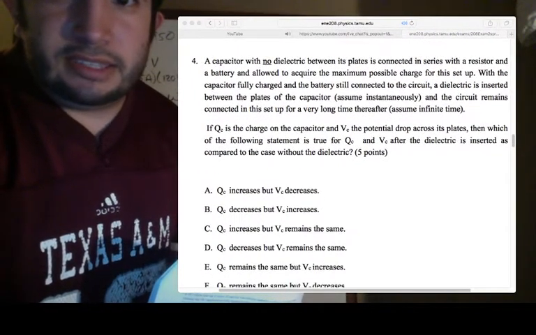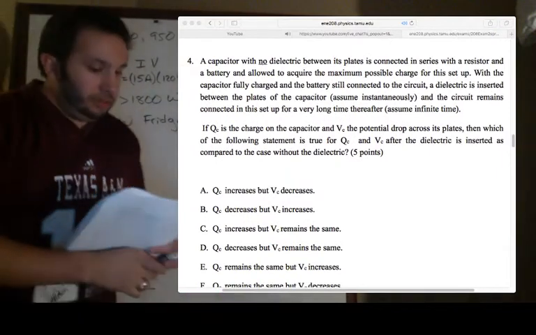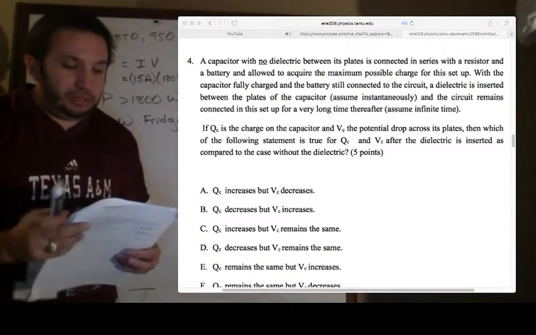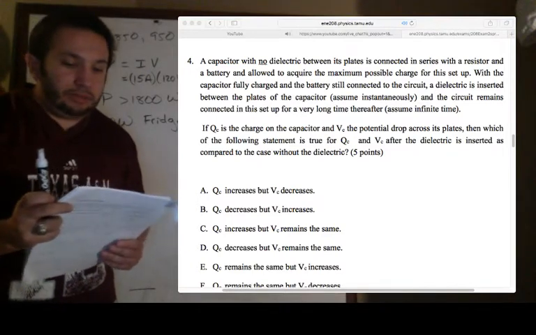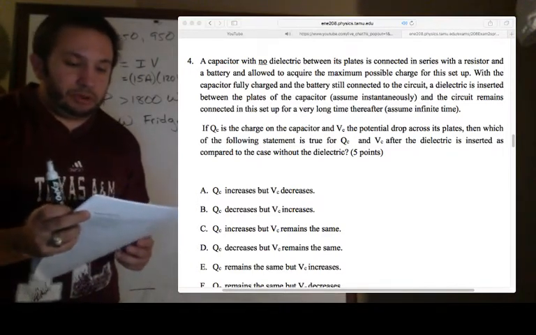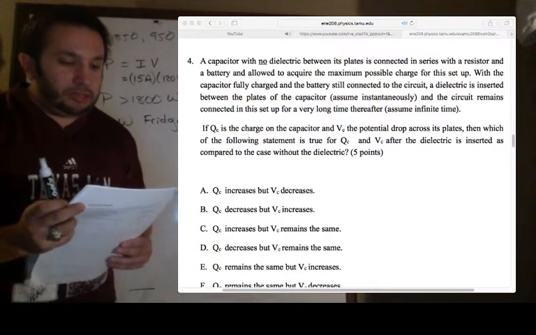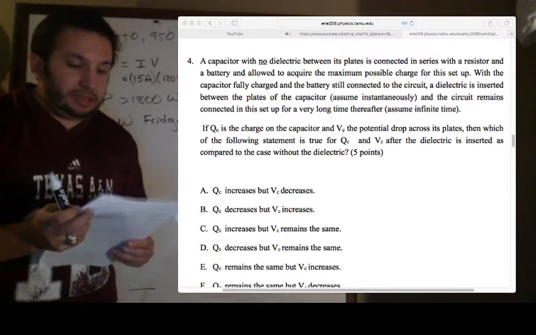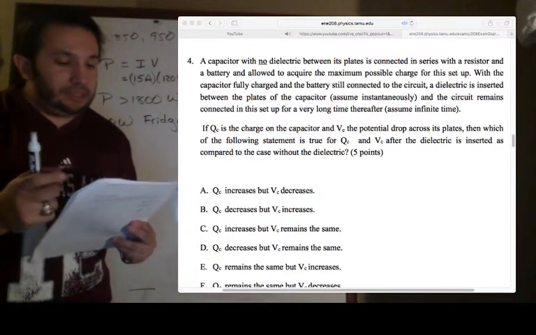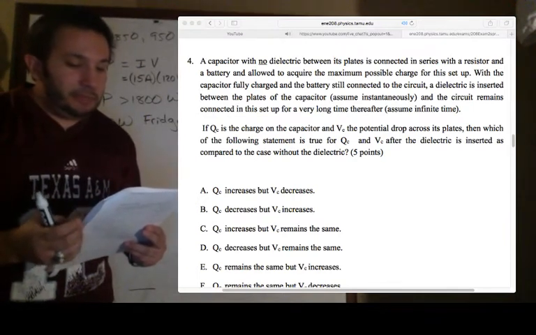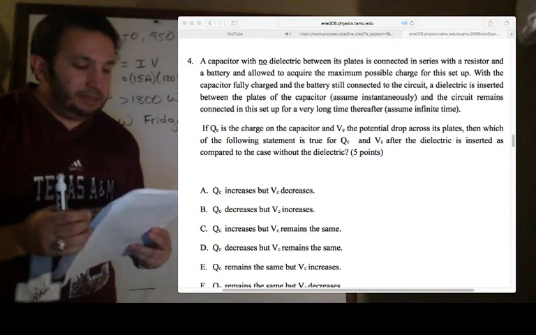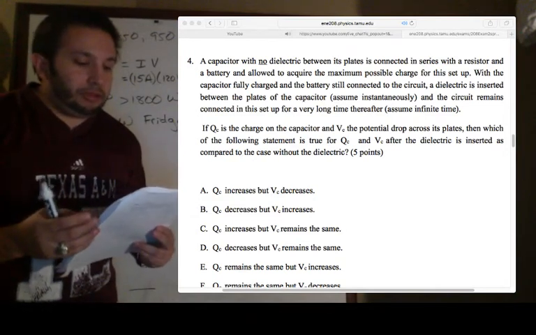It says a capacitor, with no dielectric between the plates, is connected in series with a resistor and a battery and allowed to acquire a maximum possible charge for this setup. With the capacitor fully charged, the battery is still connected to the circuit, a dielectric is inserted between the plates of the capacitor, assumed instantaneously, and the circuit remains connected in this setup for a very long time thereafter, so assume infinite time.